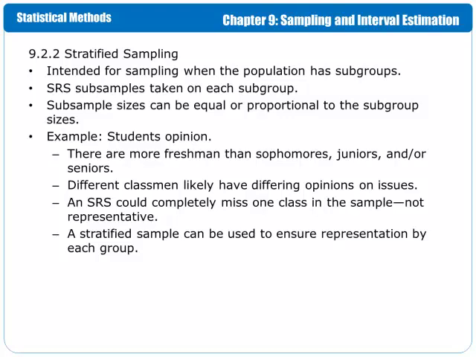So, for example, you could have a certain number of freshmen and a certain number of sophomores and juniors and seniors. So, for example, you could sample 500 freshmen and 300 sophomores and 100 juniors and 100 seniors. And then you've ensured that you're going to have representation from each of those groups. You can have equal representation, or you could have proportional representation.